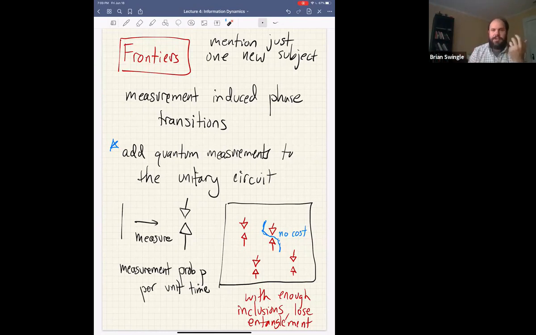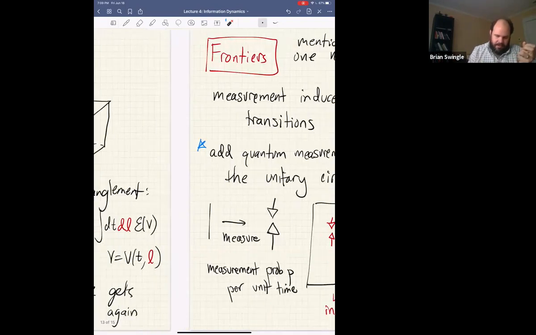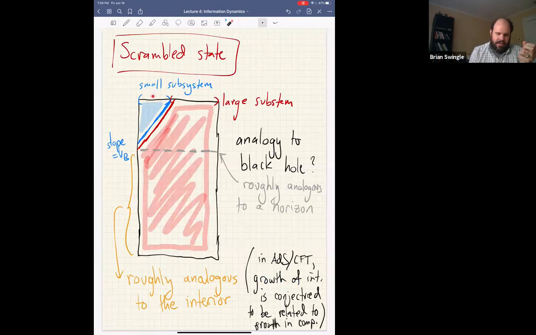And the reason is, as we saw here, small size regions actually don't have access to much of the circuit. So you can measure them and project them out and not do that much damage to the entanglement, because the entanglement is actually encoded in these very complex many body degrees of freedom.